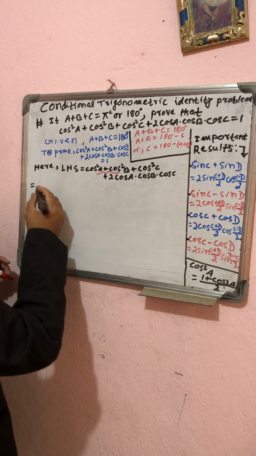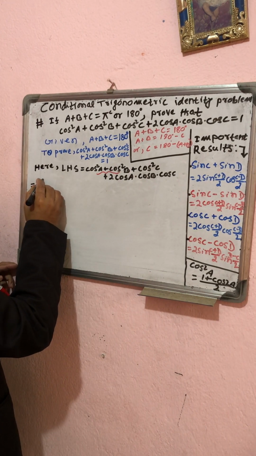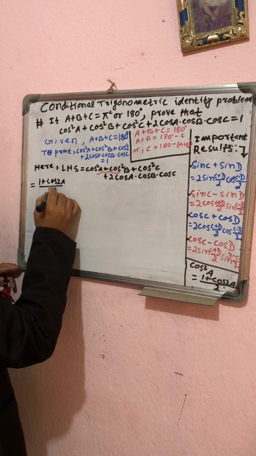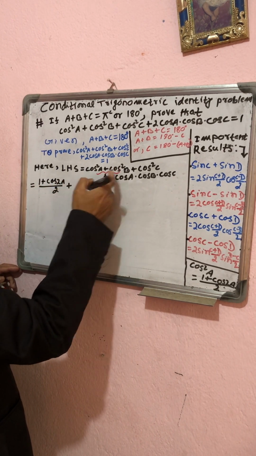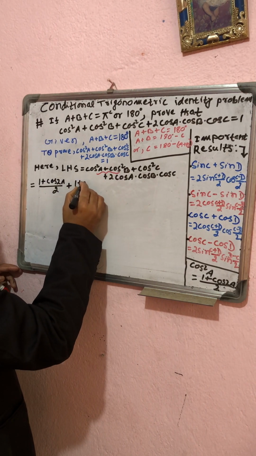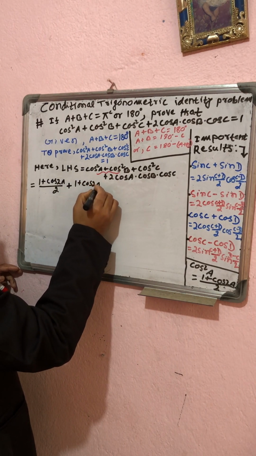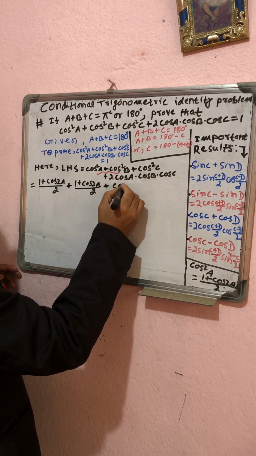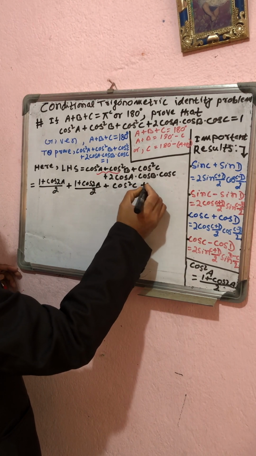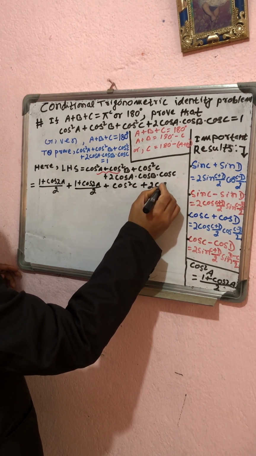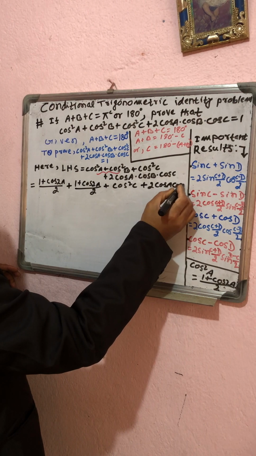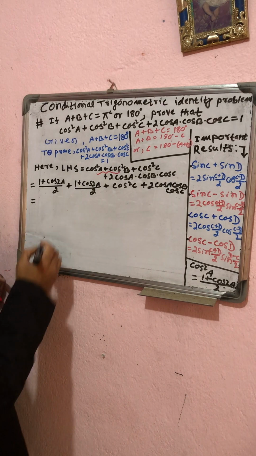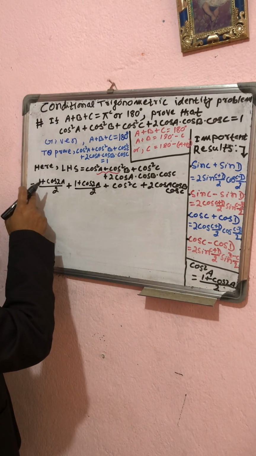So what I am writing here is that cos square a is (1 plus cos 2a) by 2, and cos square b, if I use this, is (1 plus cos 2b) by 2, and then plus cos square c, and this is plus 2 cos a cos b cos c over here.